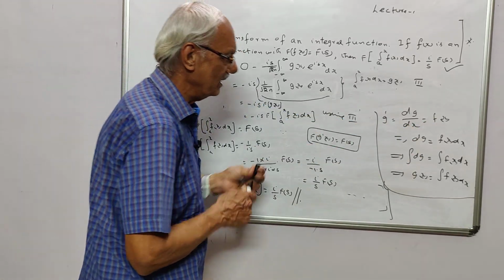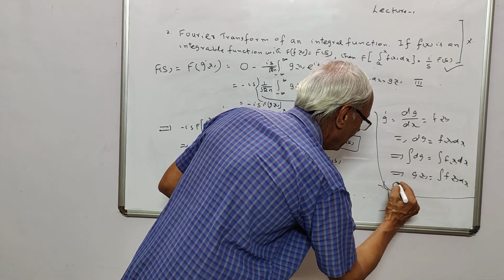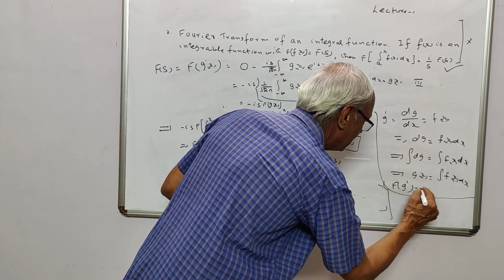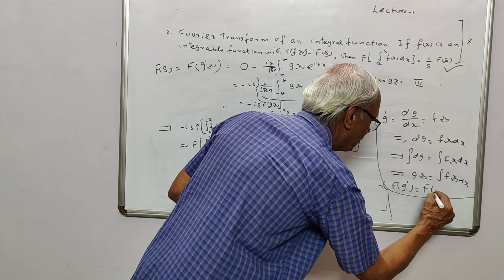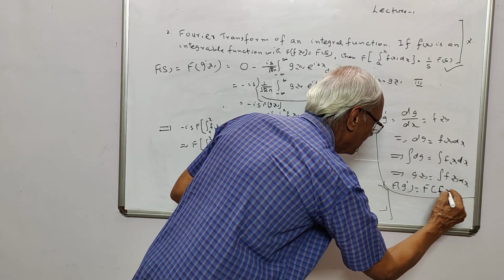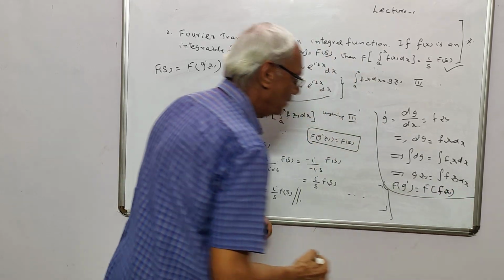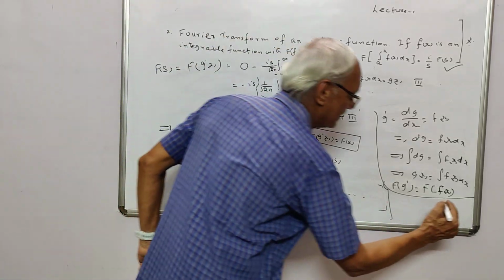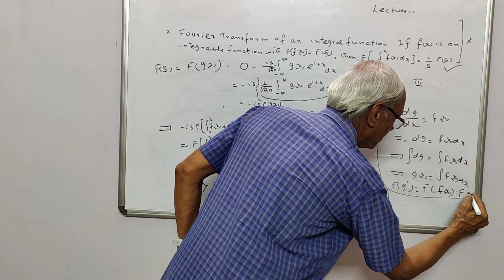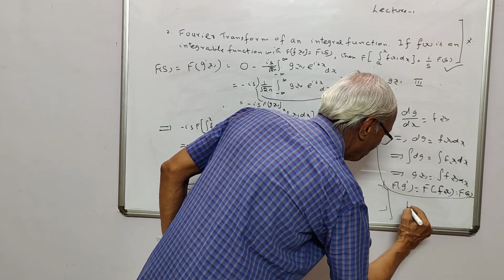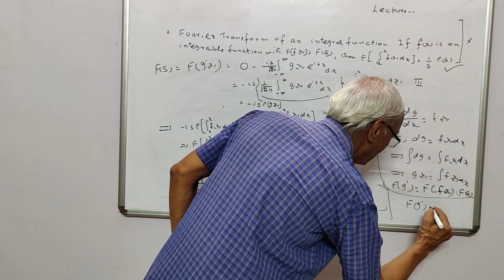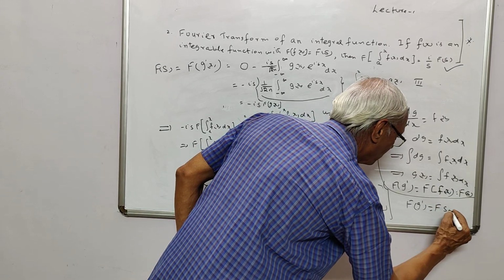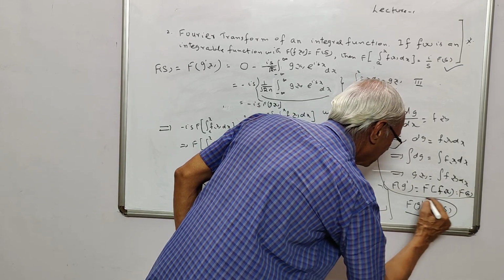Now from here one step I'll write here. So F of g dash is equal to F of x. So you see that you have found this F of g dash of x. This is equal to F of s.